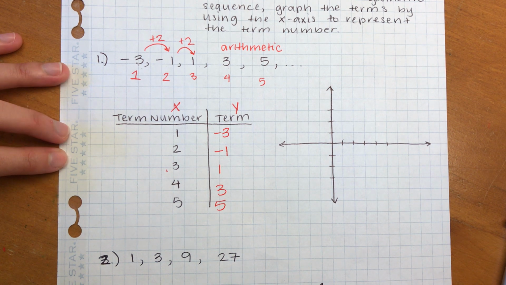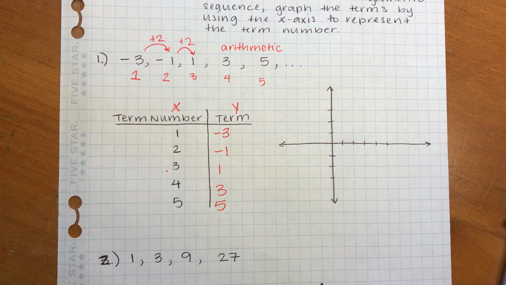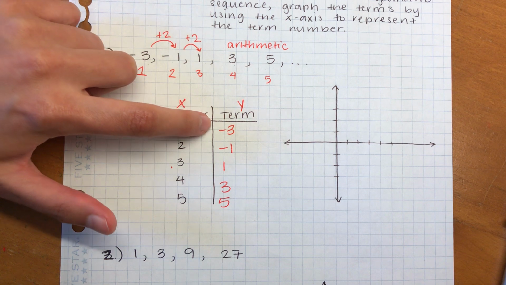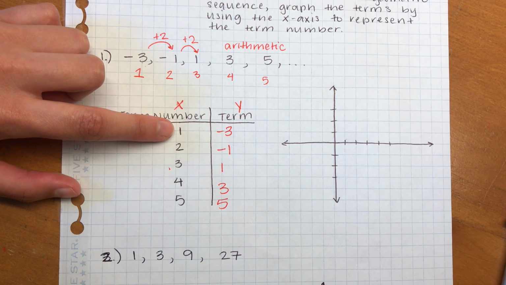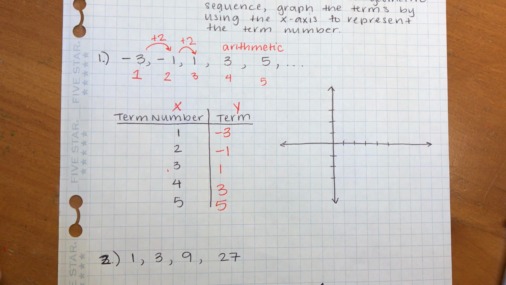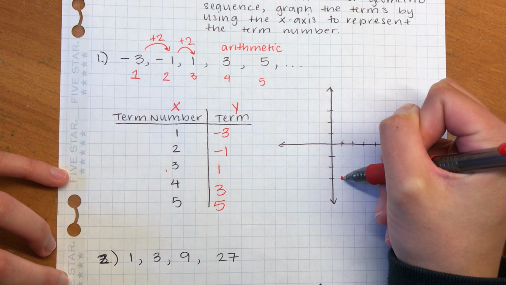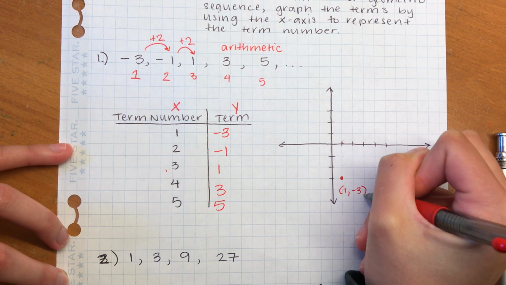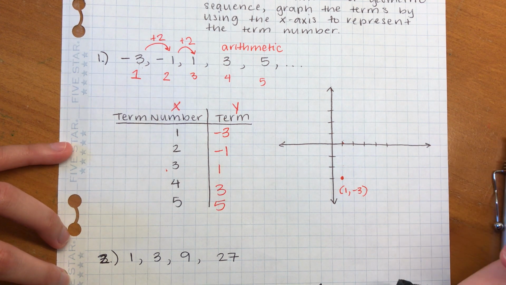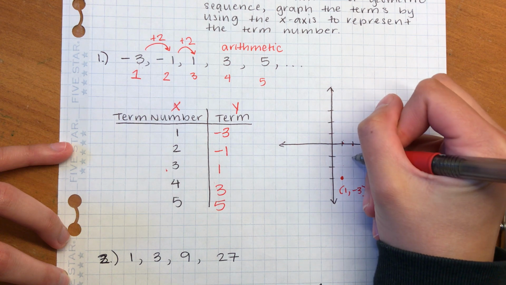Now, really, our final goal here is to graph these points. It's easier for me to graph points once I see them in a table, because now I have my x and y values, and I know that each one of these rows will be a point. So my first point will be 1, negative 3. So I'm going to go over 1 and down 3. And that's my point, 1, negative 3. Then I'm going to graph 2, negative 1. Over 2, down 1.